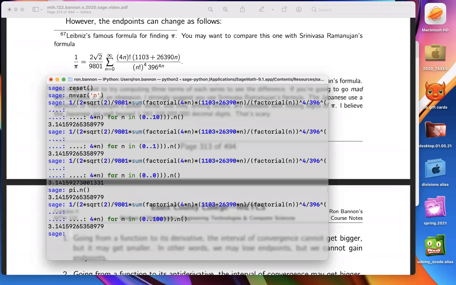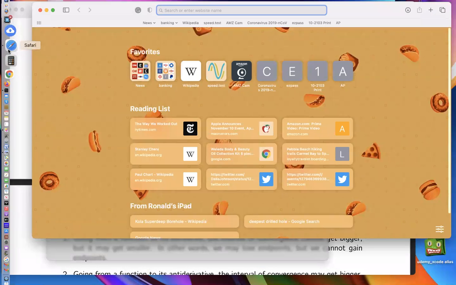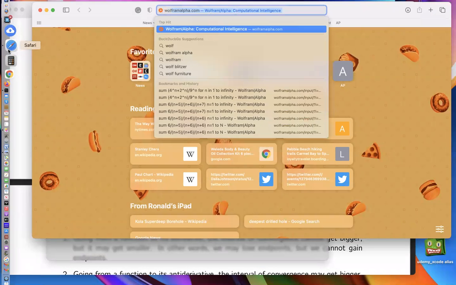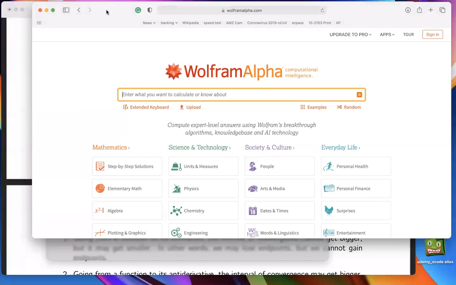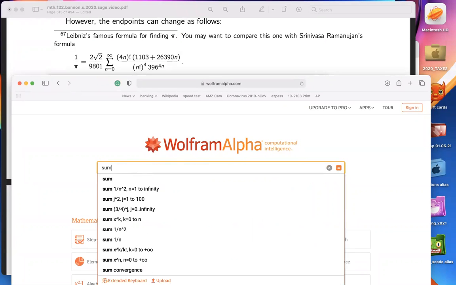Now, certainly, I'm going to do one other thing here. I'm going to go to Wolfram Alpha. All right, let me do that momentarily. I'm going to open up a web browser. Wolfram Alpha. And I typed it in. Sum.